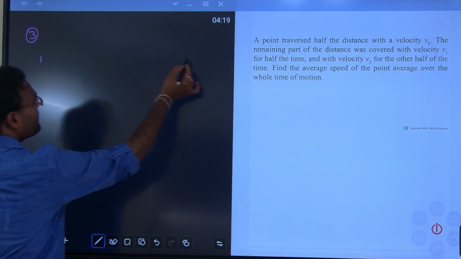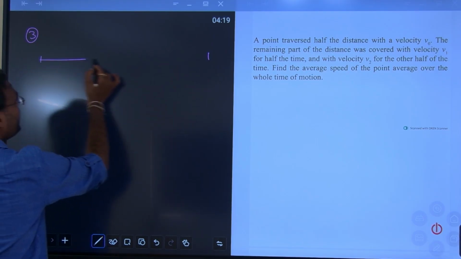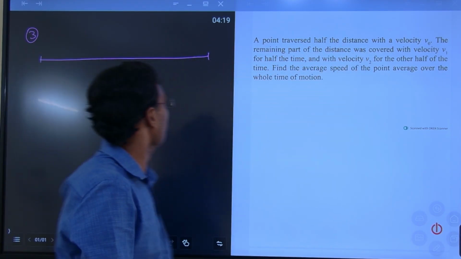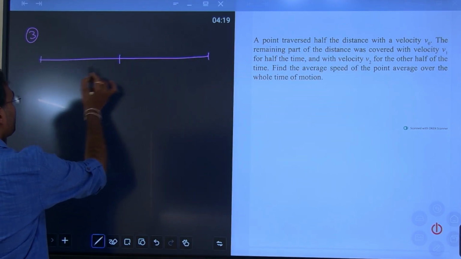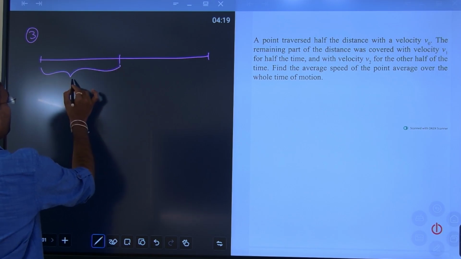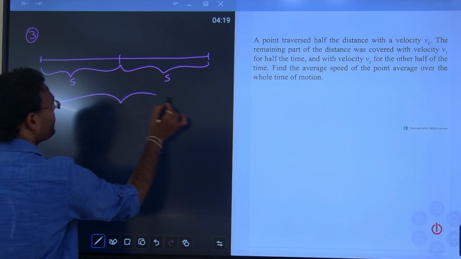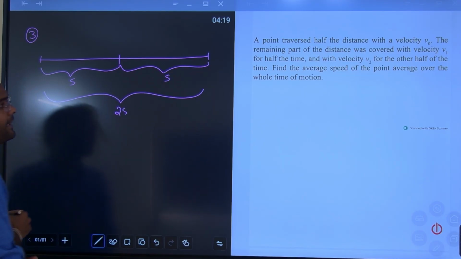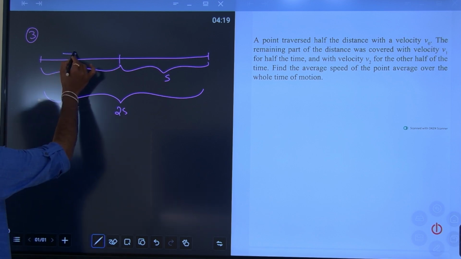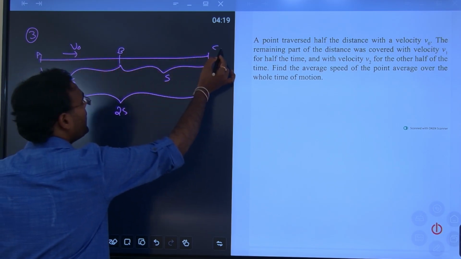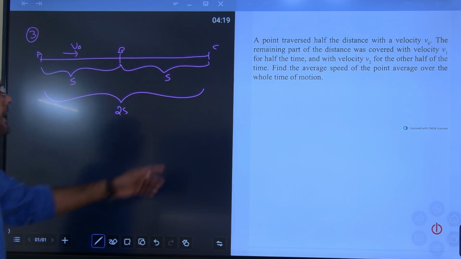That means the object starts and half the distance with a velocity v naught is traveling from here to here. Let it be total distance S for our convenience. And velocity when it is traveling from A to B is v naught.